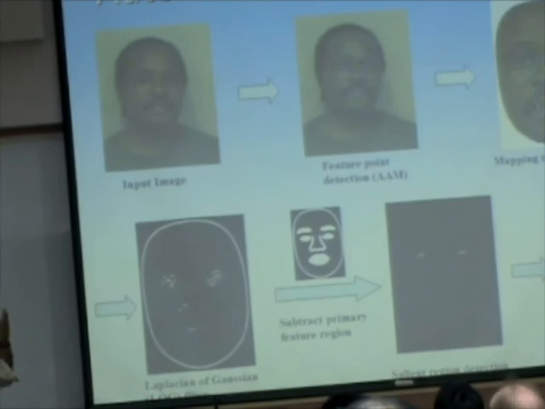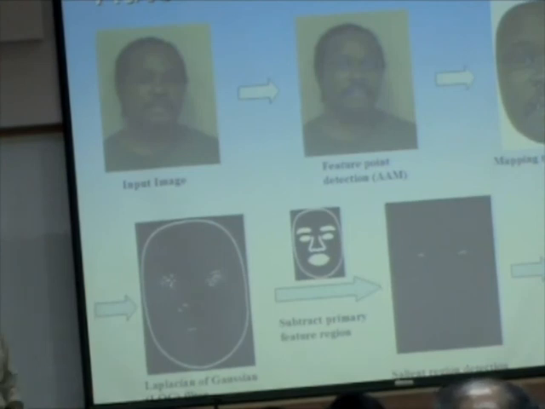That is, in order to detect the marks, we want to get rid of the prominent features like eyes and nose and the mouth, because those are not important for mark detection. And so what it means is subtract primary feature region from the face. And then you have to use some morphological image processing operators to find the face marks.